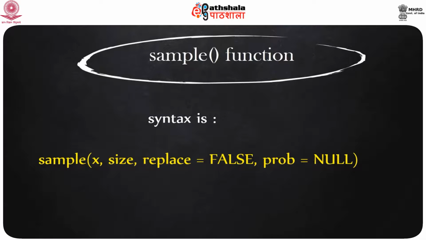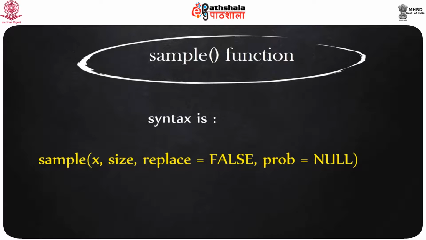Primarily, as R says, it provides a vector of probability weights for obtaining the elements of the vector being sampled. As we can understand, this will help us execute unequal probability sampling with or without replacement.